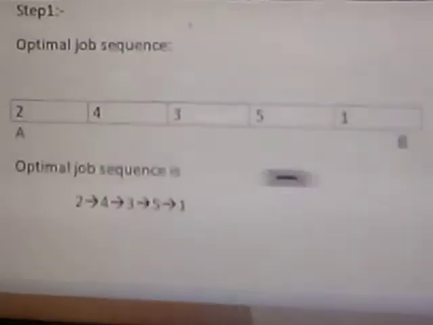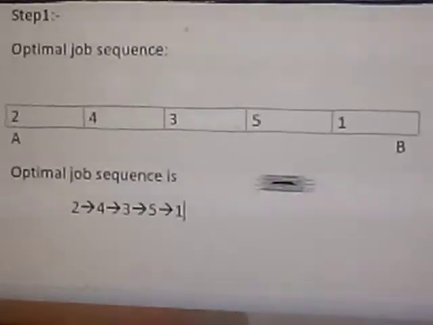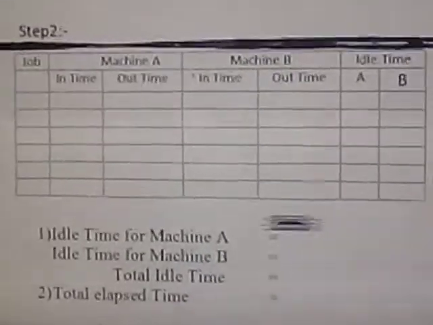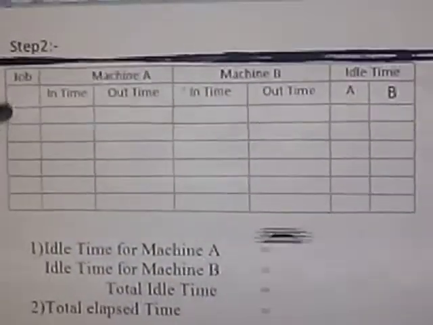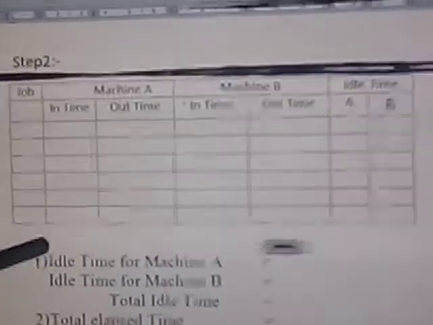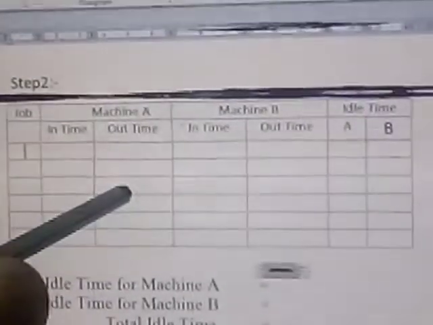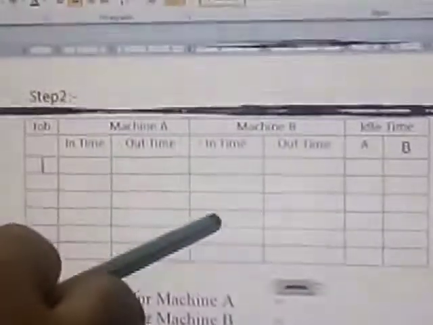Let us see the format of the idle time and total elapsed time. Here the table has the job sequence in the first column. For machine A, the in time and out time, and for machine B, the in time and out time.